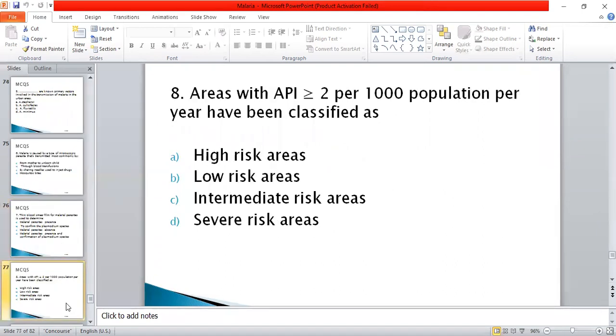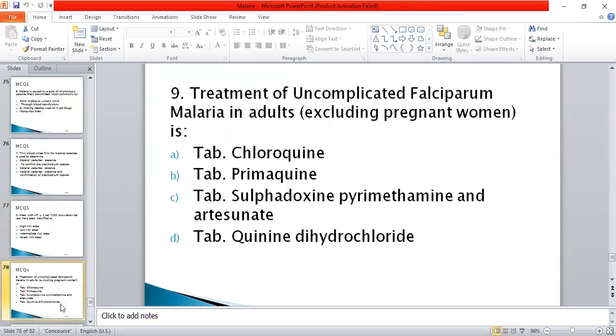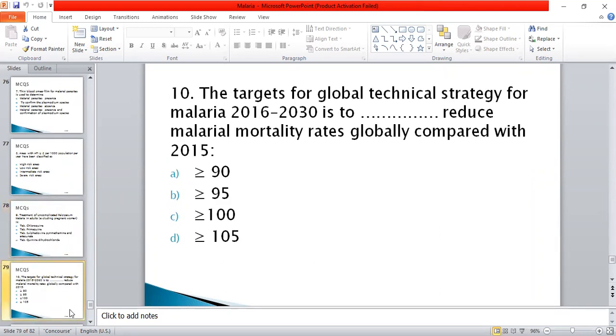Areas with API more than 2 per 1,000 population per year have been classified as high risk areas, low risk areas, and intermediate areas. The treatment of uncomplicated malaria in adults excluding pregnant women. The targets for the global technical strategy for malaria 2016-2020.